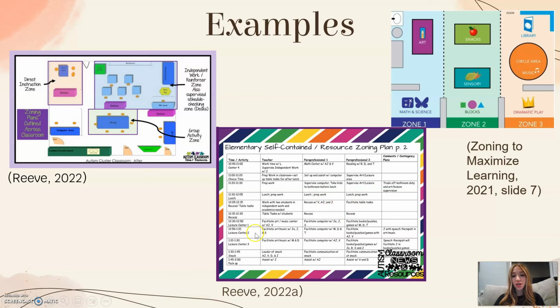In the middle picture, I included a diagram that shows the different times in teacher responsibilities. And then the third photo comes from our PowerPoint presentation where the classroom is divided into 3 equal zones, which include math and science, blocks and sensory, and dramatic play. This third example is the closest to how my classroom is also divided into different zones.